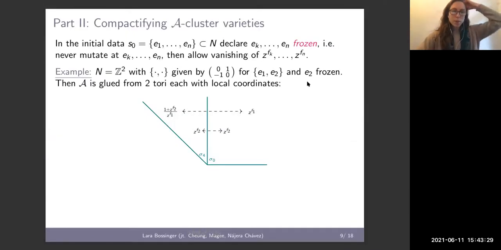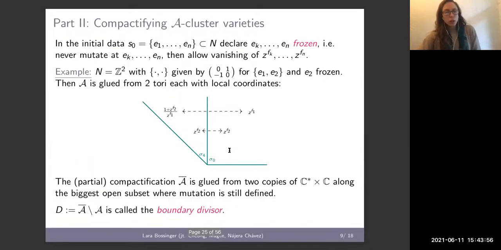So for example, if I do this in my running example, and I now declare the second basis element e2 to be frozen, then suddenly I only have one possibility left to perform mutation, and my A variety is glued from only two tori that correspond to these two chambers from the second slide.